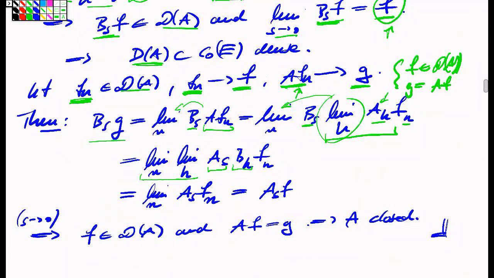But now the B_n's are an approximation of the identity. So therefore, this first limit with respect to n just gives me the B, and I can forget about that. And I'm left with the n limit of the A_s. Correction, there is a little bit of a mismatch here.